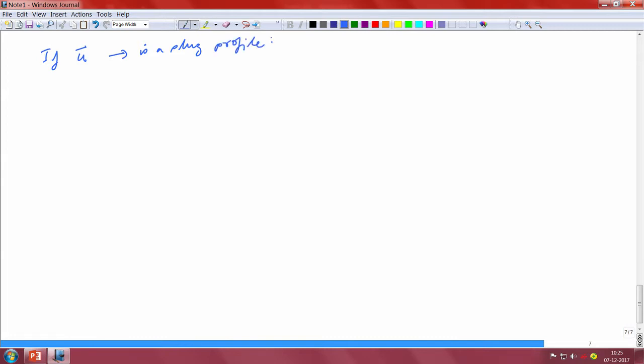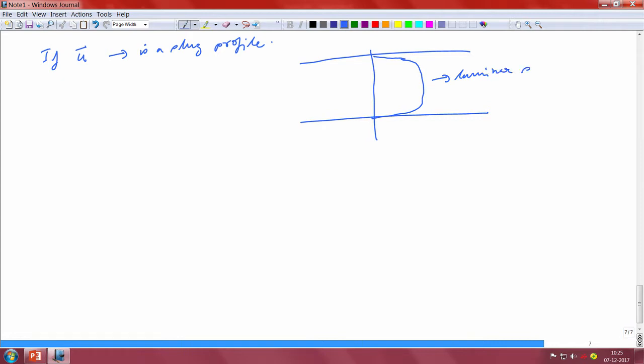What was a slug profile? The slug profile is something like this, that your flow profile is something like that, where the laminar sublayer thickness is 1 to 2 orders smaller than the pipe radius.